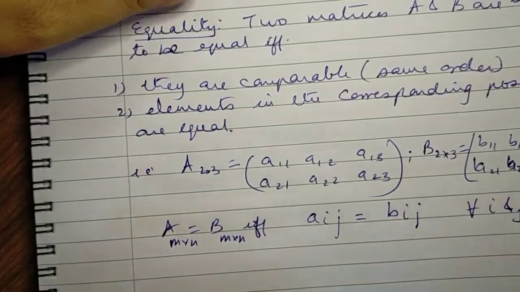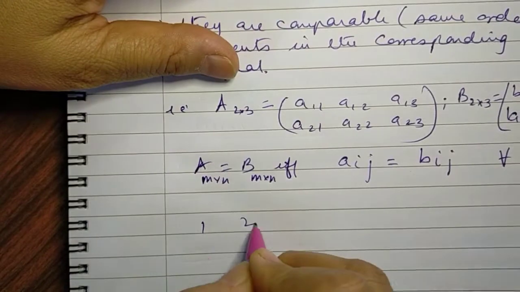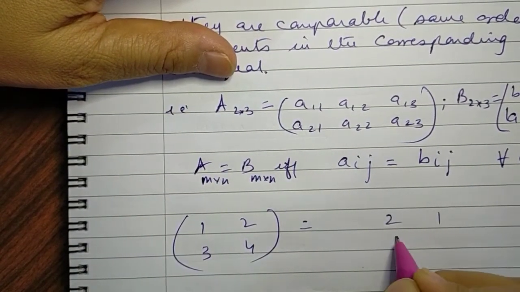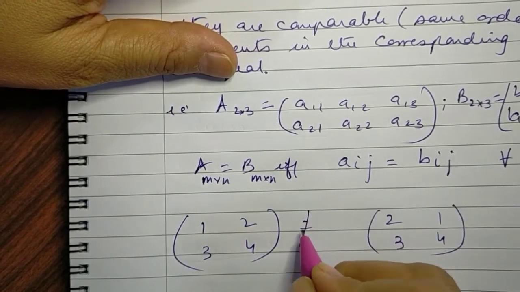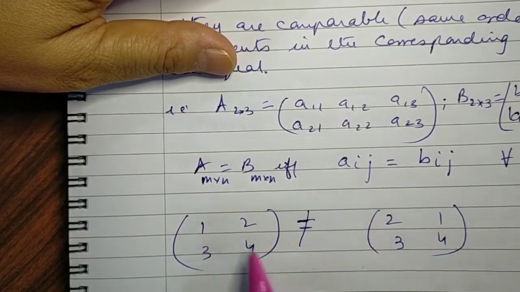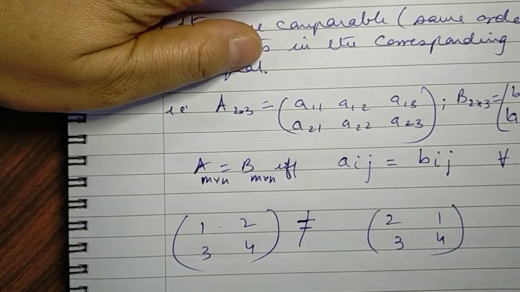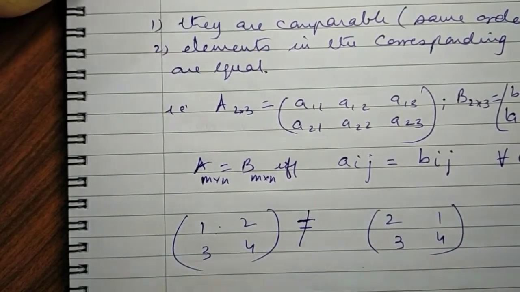Now suppose you have 1 2 3 4 and you have 2 1 3 4. These are not equal. Even though the elements are same and order is same, the elements in the corresponding positions are not same, and so they are not equal.